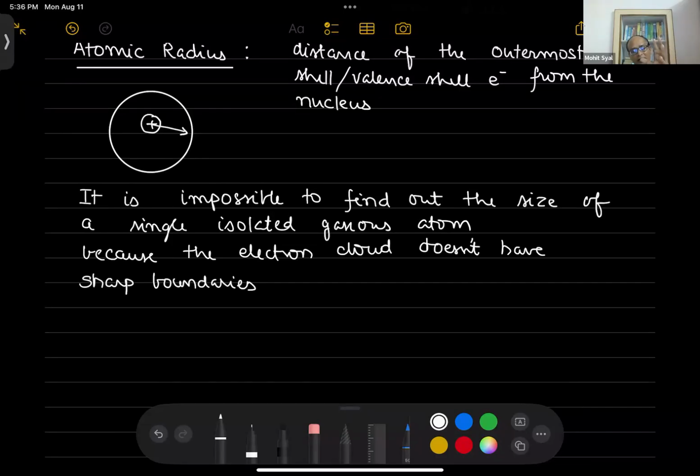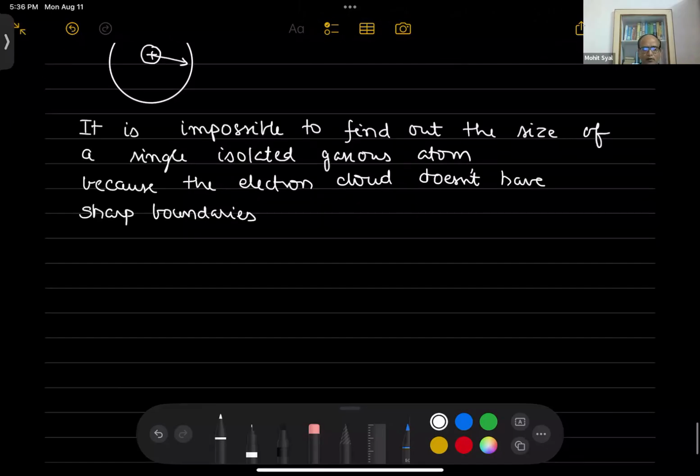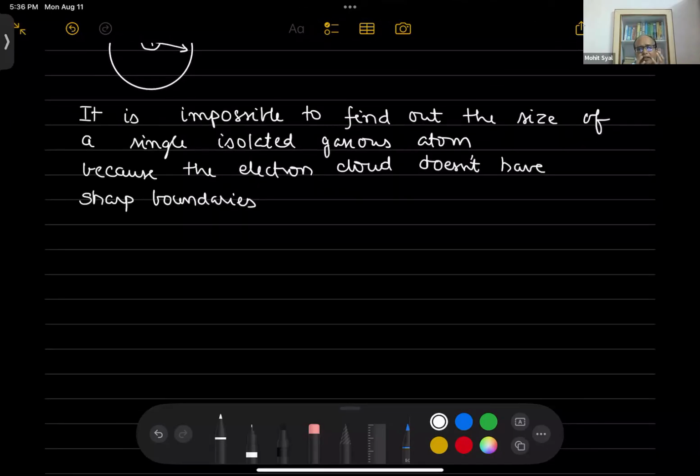Here I have drawn a circle, right? Actually, no sharp boundaries are present, so I can't make out where the atom ends. So how to check the size of an atom?